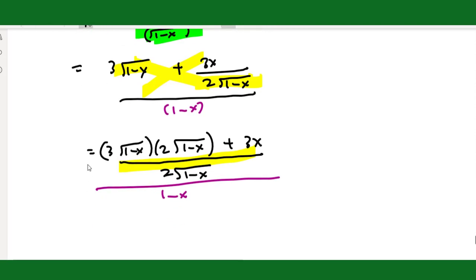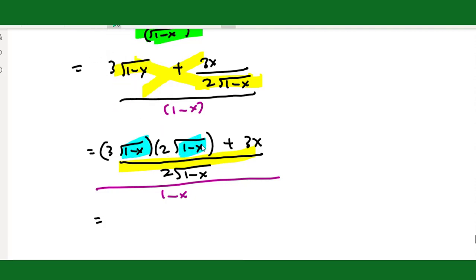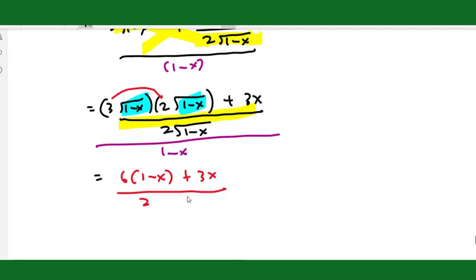And next step is expand. So it is equal to 3 times 2, 6 times 1 minus x plus 3x, over 1 minus x to the power half times 1 minus x. Okay, and then simplify.